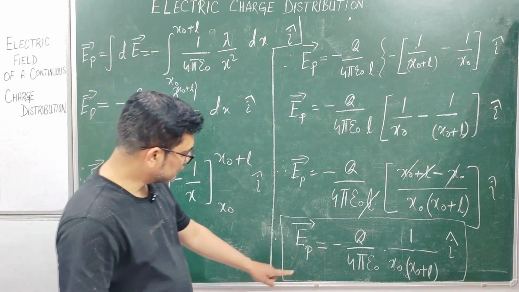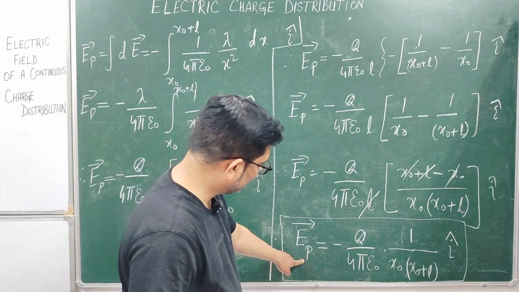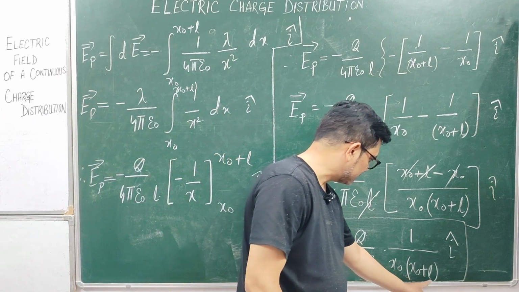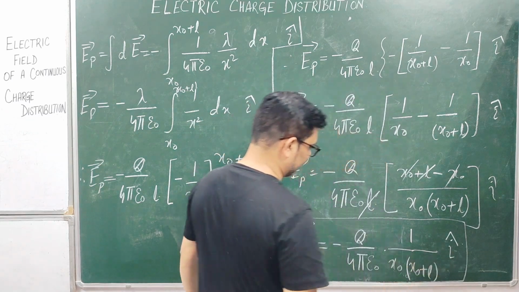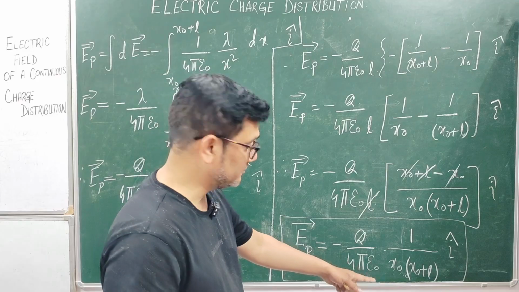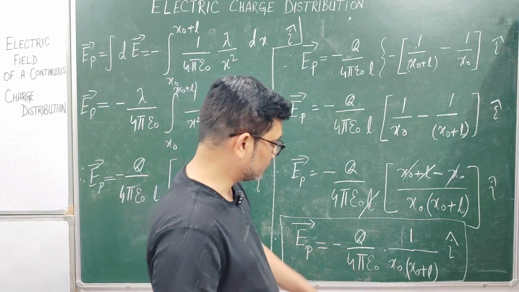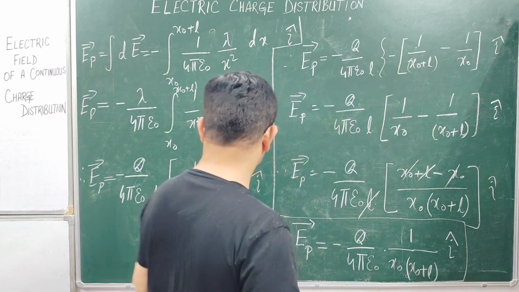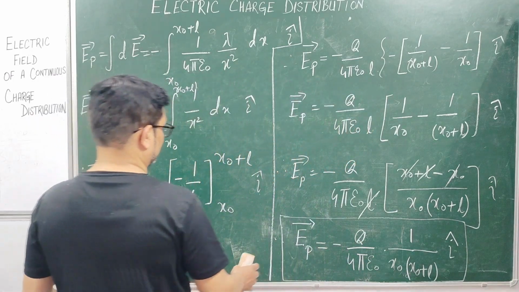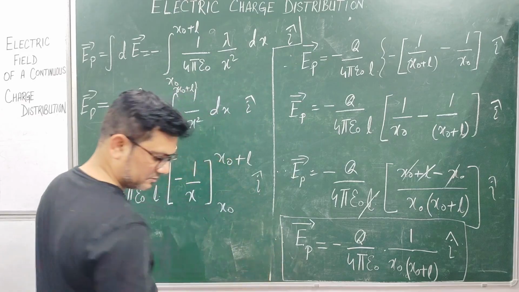Now if you consider this point of interest P to be very far off as compared to the length of the rod, then we can make that approximation in the denominator. You can put that L to 0, and then this would become x squared here, right? It would become x squared. So let us take that approximation.